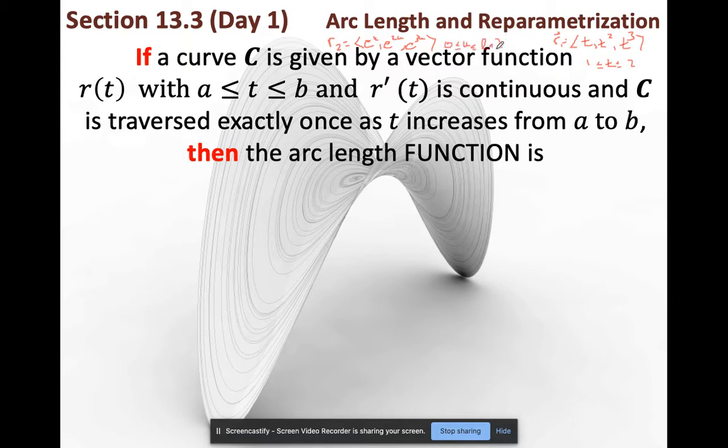And trust me, if you don't believe me, go ahead and graph it. You're going to get the same curve, right? So these are two different parametrizations of the same curve.